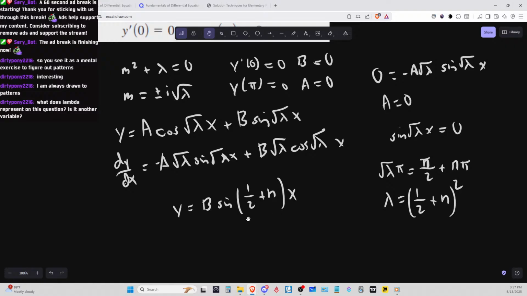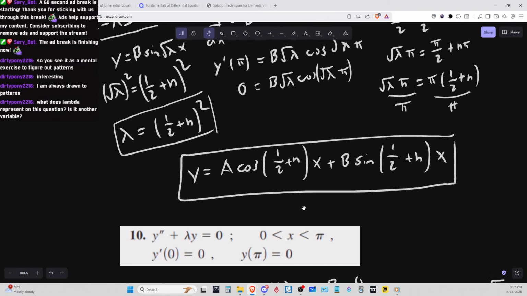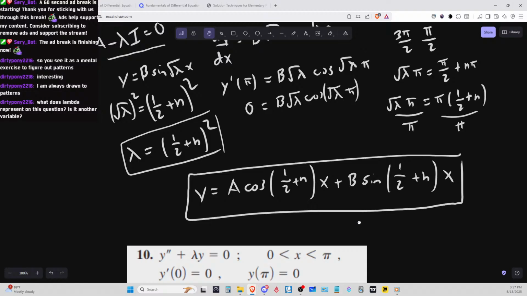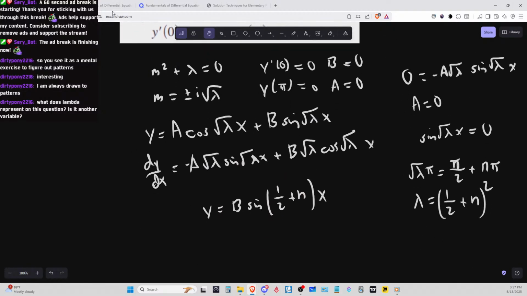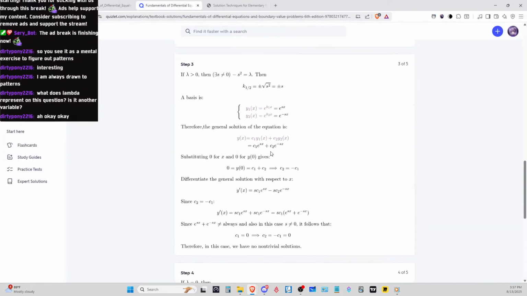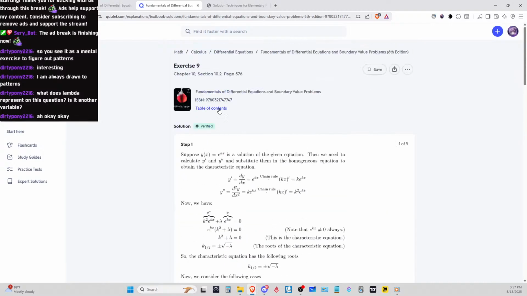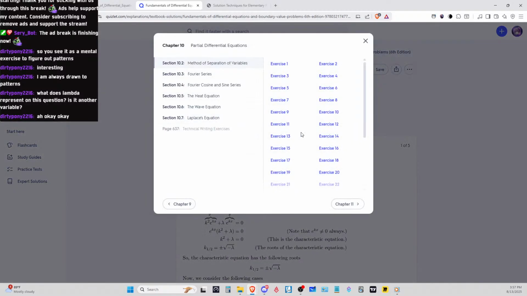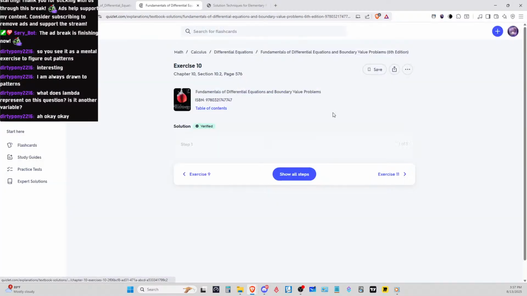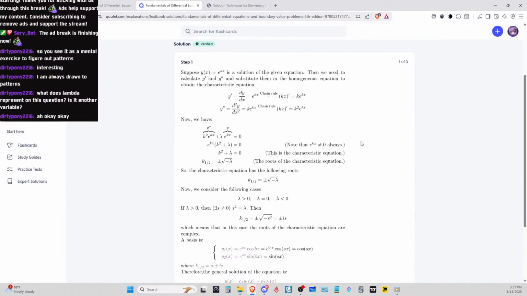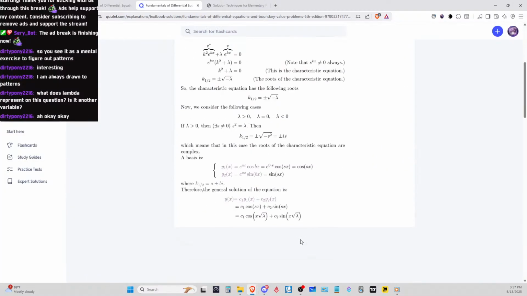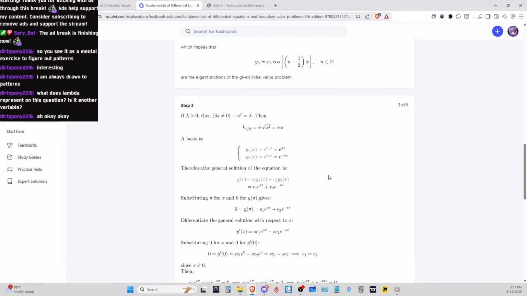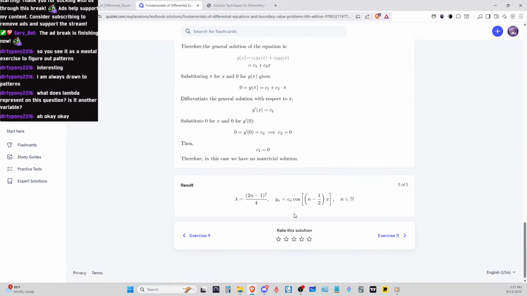Let's see here, because it feels like it's similar to this question, but I don't know if it's the exact same. They're not the same question, but the way their pattern looks, it looks similar. So this one's cosine.